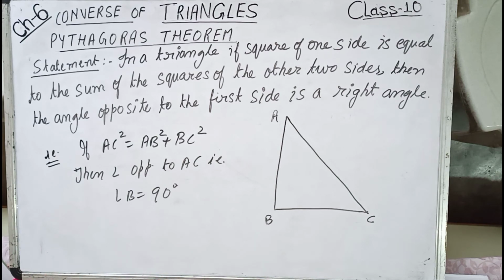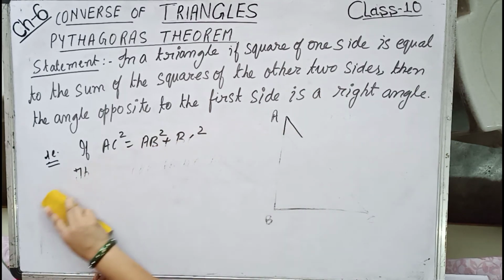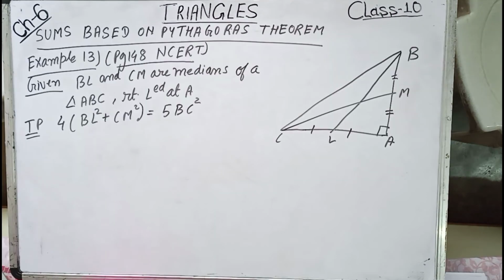Let us move to the sums based on Pythagoras theorem. One example I have taken is example 38, page 148 of NCERT. A few examples are there, children. I think till example number 14 it is given in NCERT.